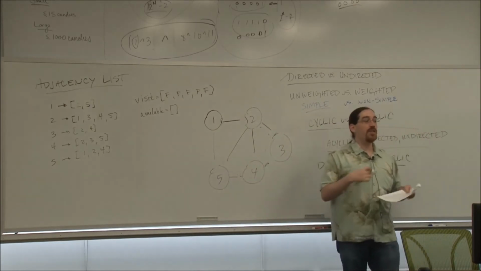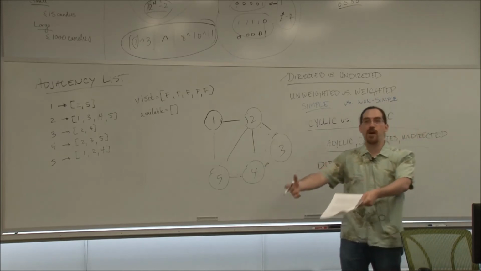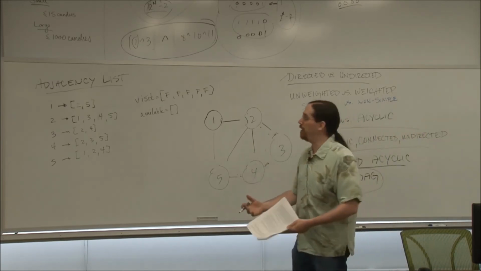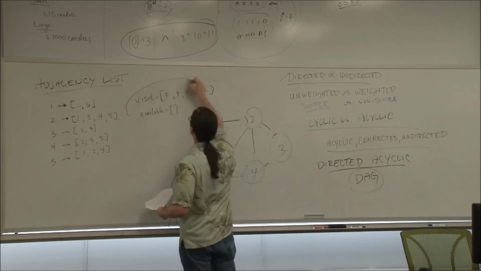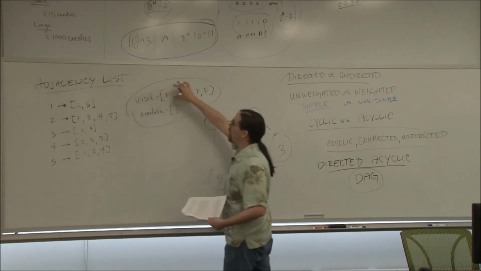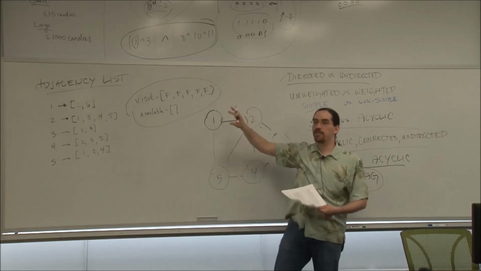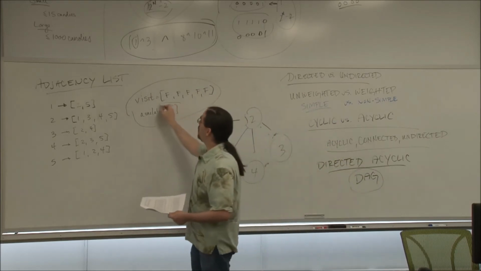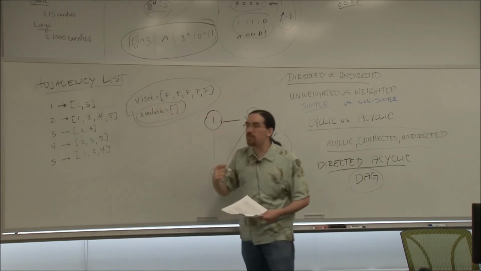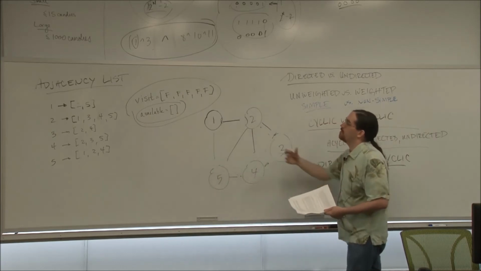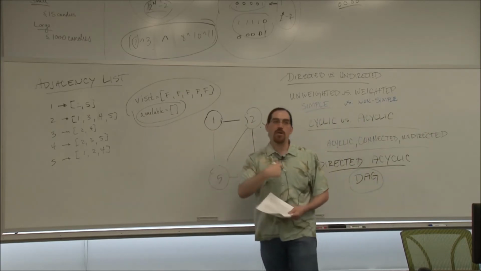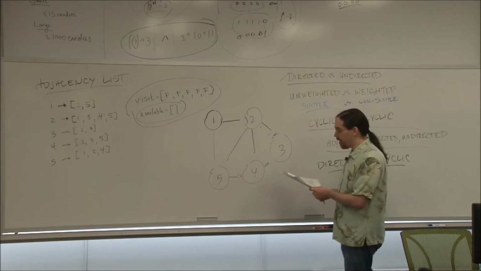So these are nodes we know how to get to, but we haven't actually gone there yet and explored them fully. And this is how we're going to start off. We're going to start off our array of visited elements as entirely false, because we haven't been anywhere yet. And we will start off our available data structure as empty, because we don't really know where we're starting yet. OK.